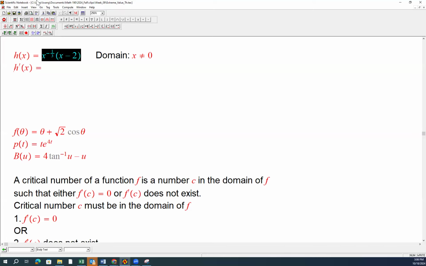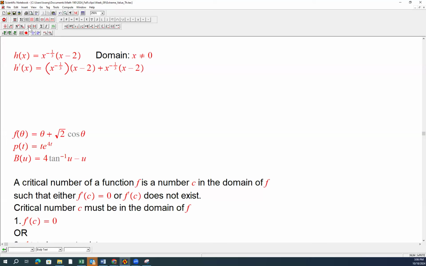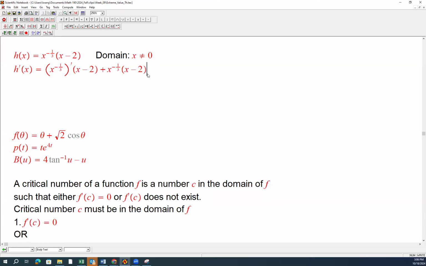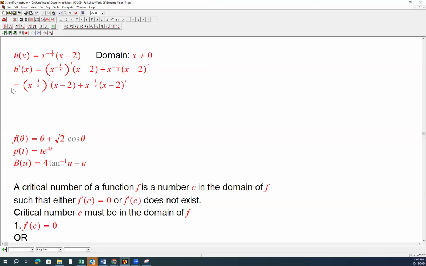Let's use the product rule. You differentiate this term, and then you differentiate that term. Actually, we haven't done the differentiation yet.